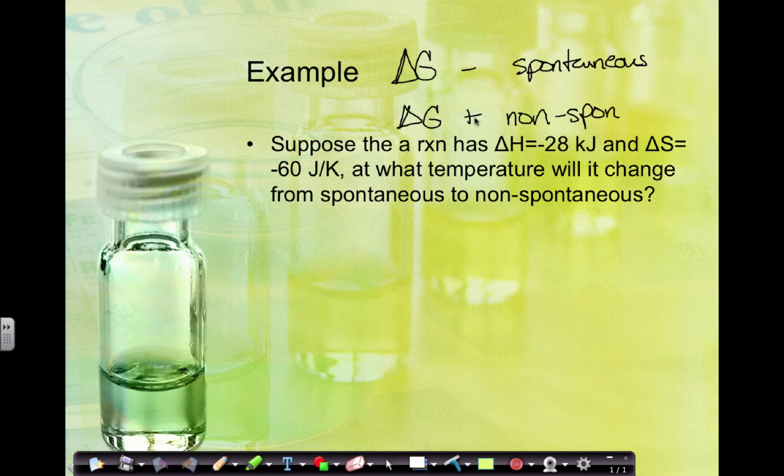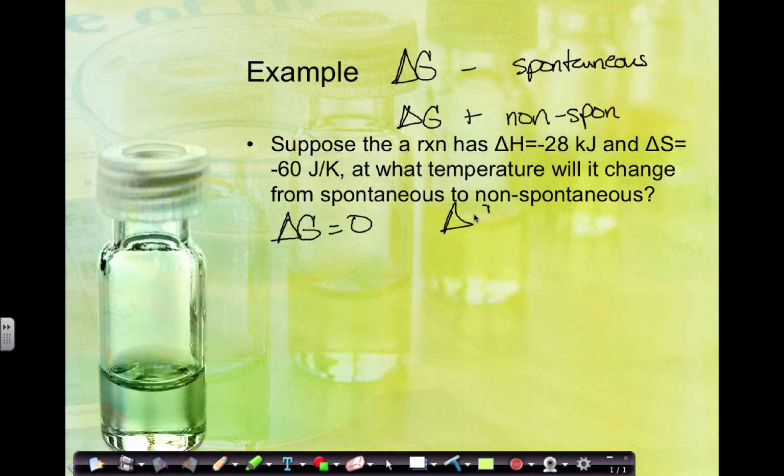So if we are going to switch from spontaneous to non-spontaneous, that threshold happens at 0. We're going to say that delta G here is going to be 0, because 1 degree higher, 1 degree lower, you're going to switch the sign of delta G, either bringing it positive or bringing it negative.